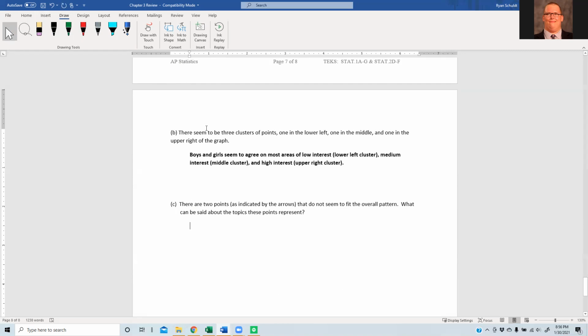Let's put into words what we just said. So these points indicate that there are two topics for which the interest levels for boys and girls differ sharply. For both of these topics, boys indicated a higher interest than girls.